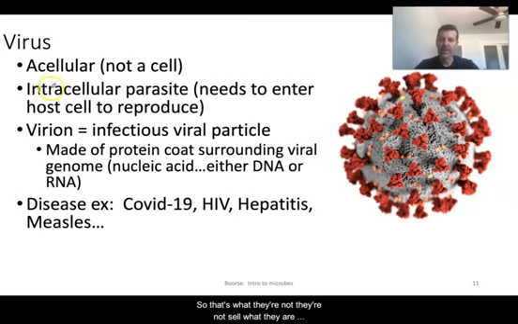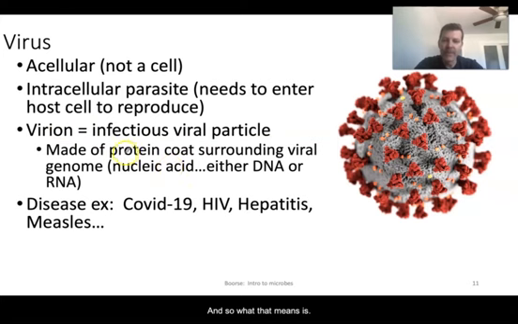So that's what they're not. They're not cells. What they are is they're an intracellular parasite. And so intracellular means they have to go inside of a cell to be successful. So for all viruses to be successful, they have to not only enter a host, but they have to enter a specific cell within that host. And so what a virus is, is an infectious viral particle, also called a virion.